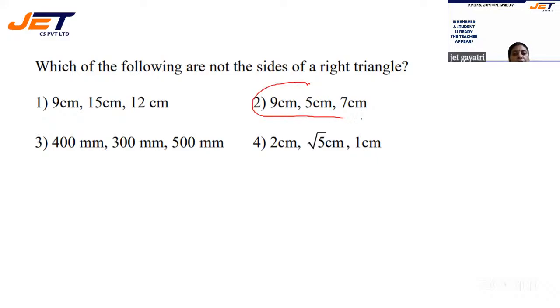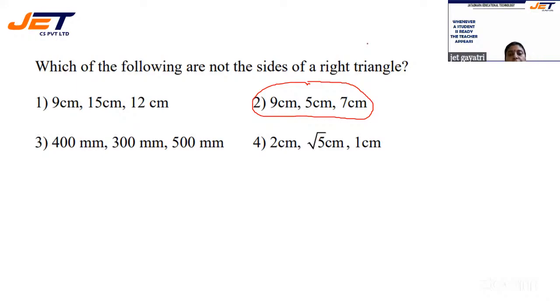They are not the sides of the right triangle. You can actually check it with the other options also, and you can find out that option 2, that is 9 centimeter, 5 centimeter and 7 centimeter, are not the sides of a right triangle.